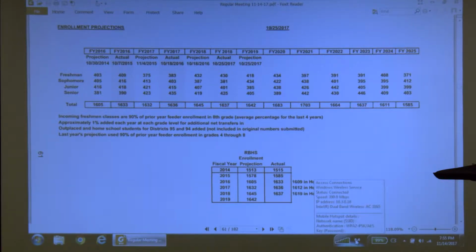There was one question submitted about the numbers not lining up, the 1637 to 1640. I know Tim had asked about why this chart says we're sitting at 1637, and then the next chart says our current enrollment is 1640.